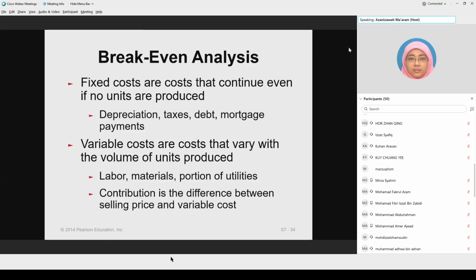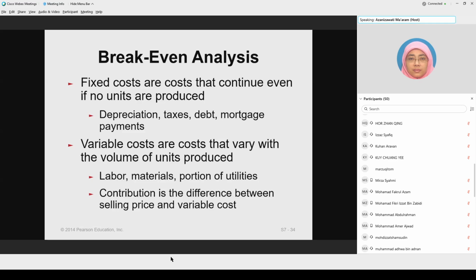So what is the fixed cost? Fixed costs are costs that continue even if number units are produced.